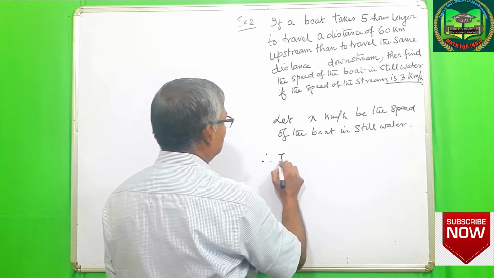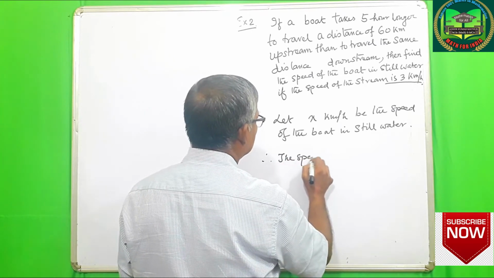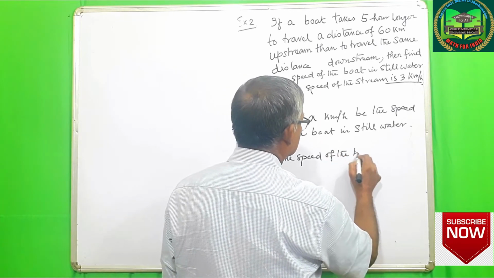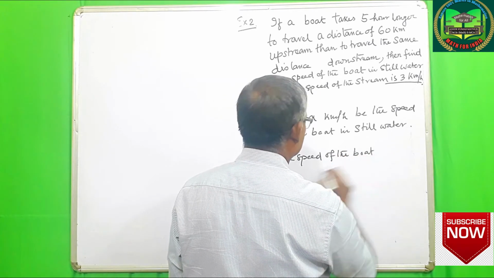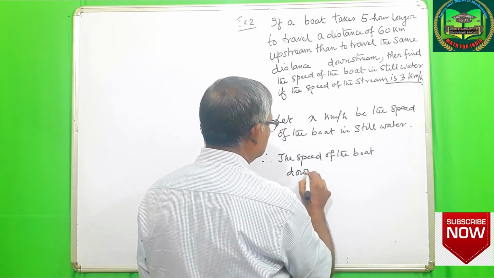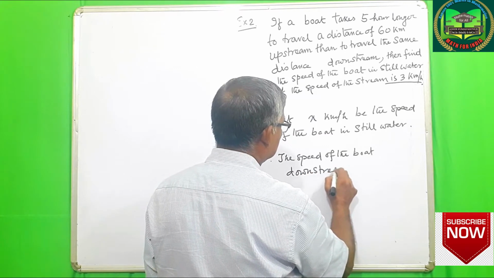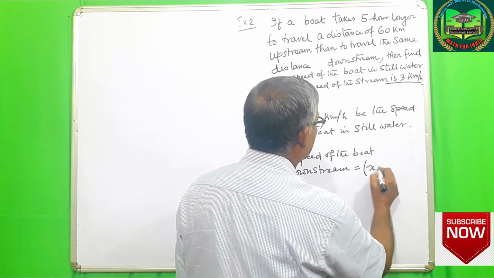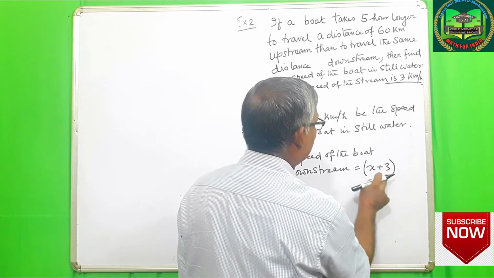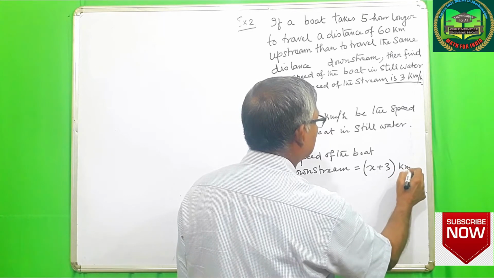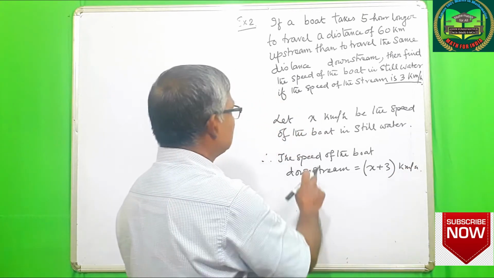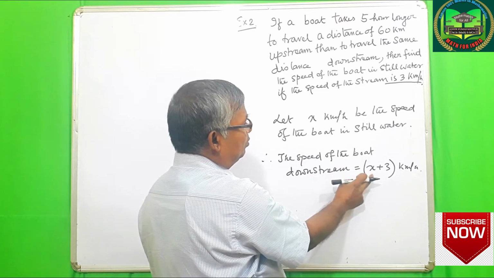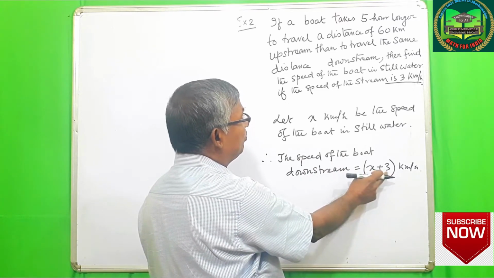Therefore, the speed of the boat downstream equals speed of the boat plus speed of the stream, x plus 3 kilometer per hour. We know the speed of the boat downstream equals speed of the boat in still water plus speed of the stream.